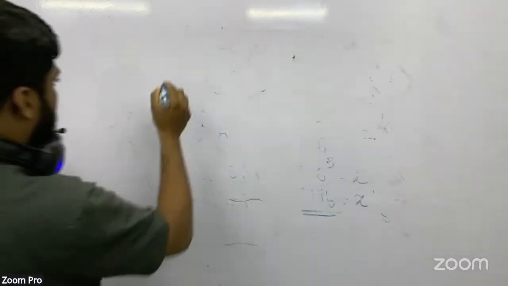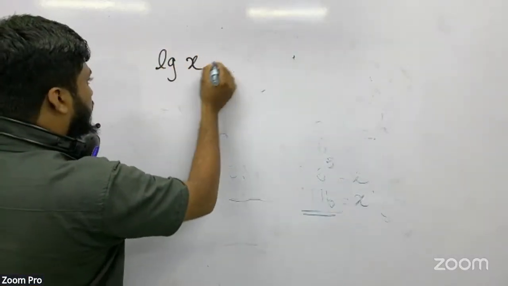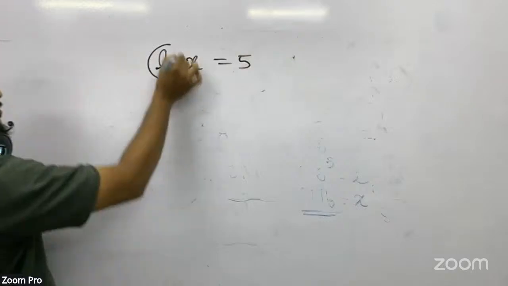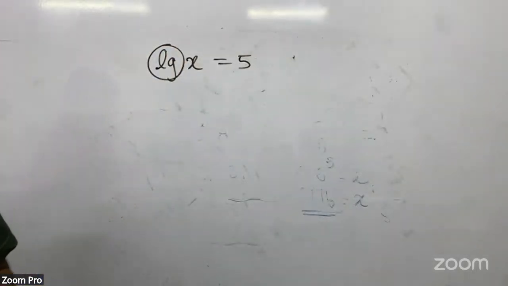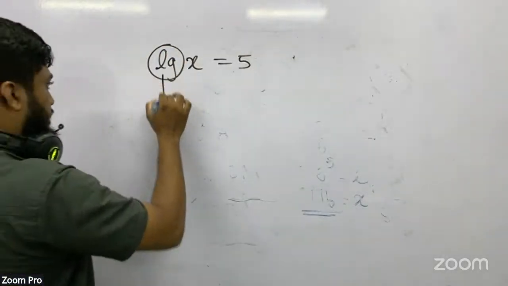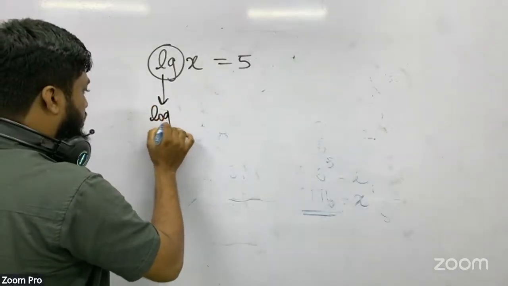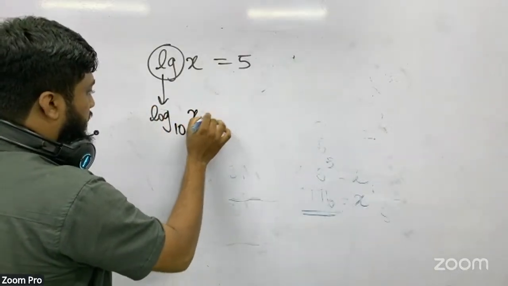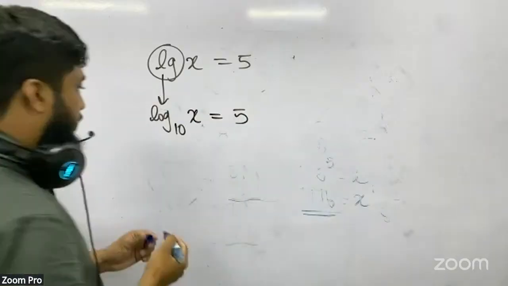Now say the next one. Next one is LG x is equal to 5. But what did I tell for LG? LG means LOG 10. And LOG 10 x is equal to 5.